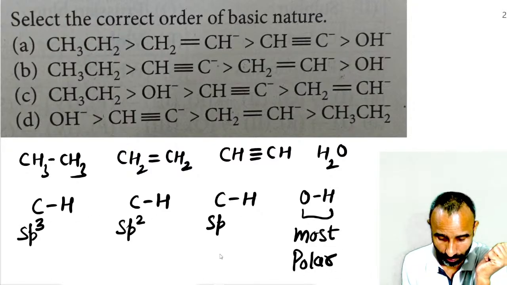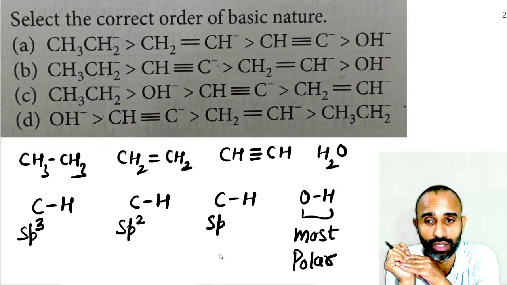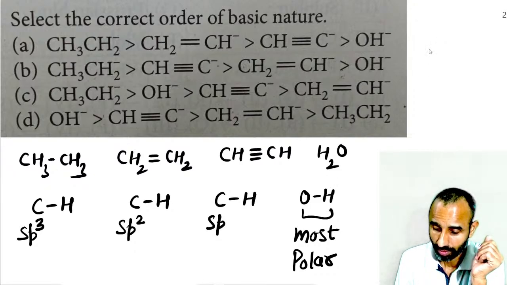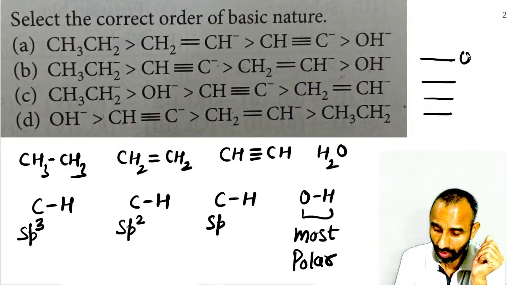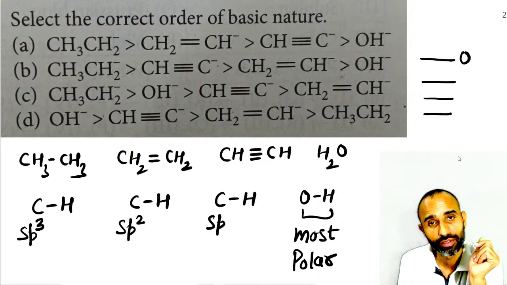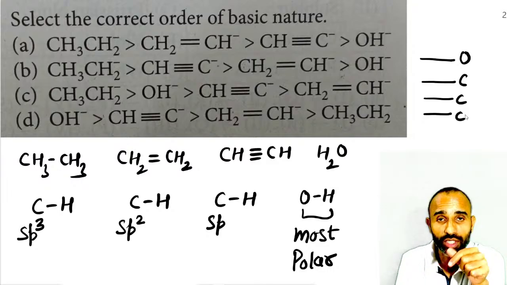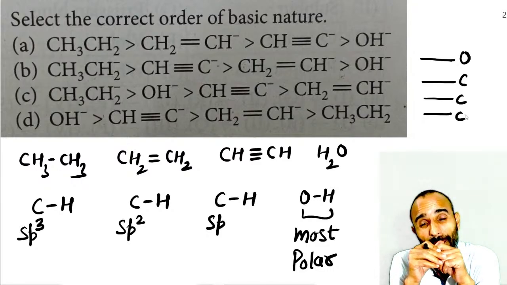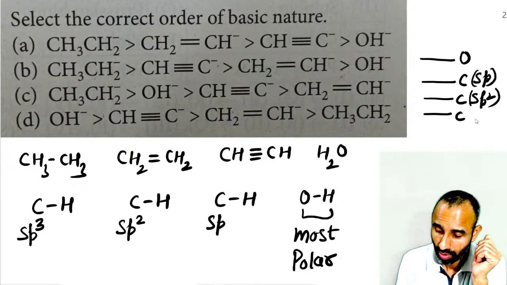And if we compare sp3, sp2 and sp hybridized carbons, see, if we look at the electronegativities, oxygen is most electronegative. Carbon, which carbon is more electronegative than the other? sp hybridized carbon is more electronegative than sp2, and sp2 is more electronegative than sp3.